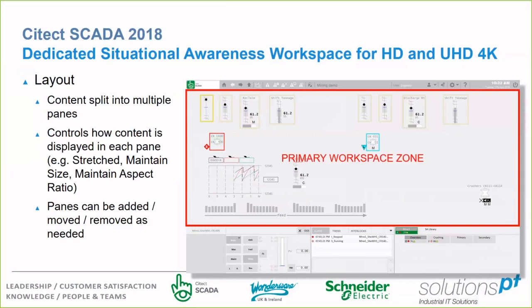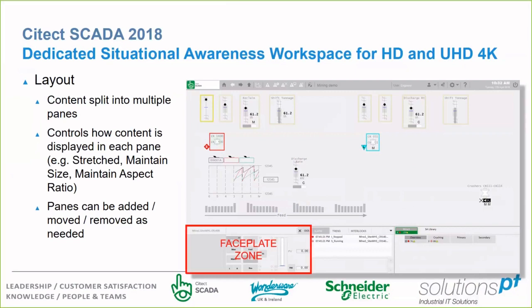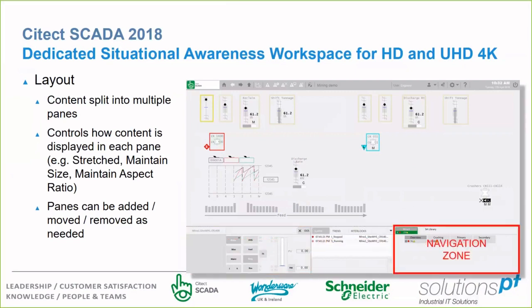These are a primary workspace zone, a faceplate zone, information zone, and the navigation zone. Essentially, this allows us to configure how the content is displayed in each of these panes. And these panes can be moved around, added, or even removed.